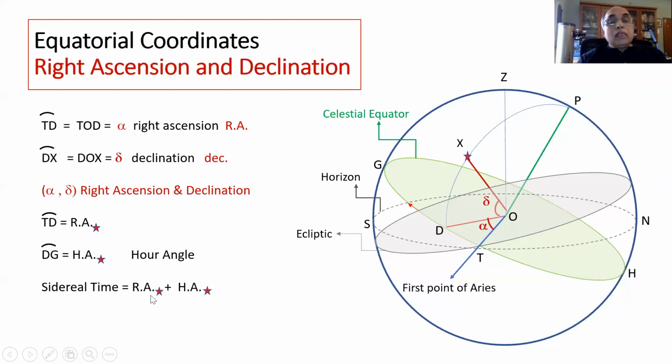And right ascension of an object plus hour angle of that object gives you the sidereal time, or it's also called the local sidereal time, LST, right? So basically LST tells you how much time would it take for the first point of Aries to culminate, right? This is what your local sidereal time is, time with respect to the stars. And LST is what is often used in observatories for observations.